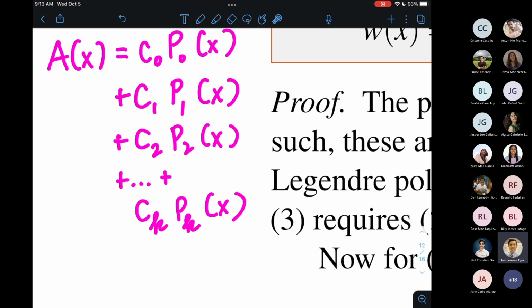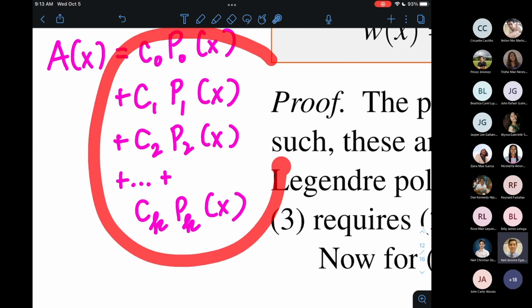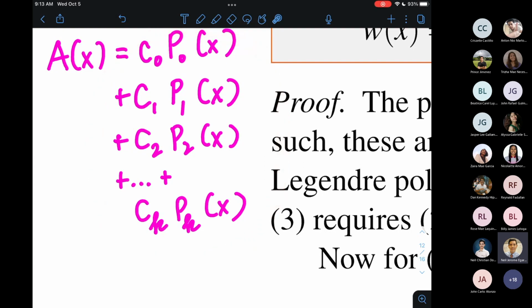Kaya parang building block ng mga polynomials of degree k or less yung Legendre polynomials. Because whatever polynomial of degree k or less that you can think of, kaya ko siyang isulat in terms of Legendre polynomials. So para ito yung analog ng factoring sa arithmetic. Yun nga lang multiplication yon. Kahit anong number, however big it is, kaya ko siyang i-express in terms of prime factors.